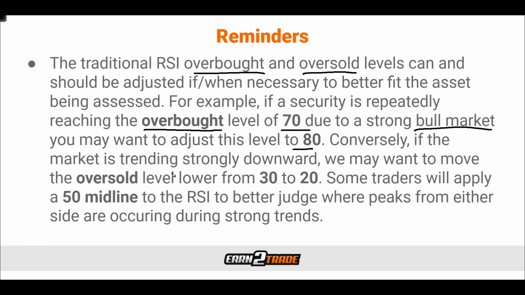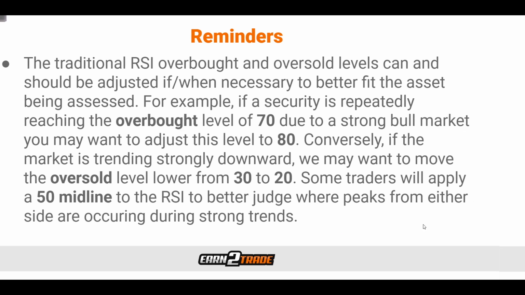Conversely, if the market is trending strongly downward, we may want to move the oversold level to a lower setting of 20 from 30. Some traders will apply a 50 midline to the RSI to better judge where peaks from either side are occurring during strong trends. It's also worth mentioning that a lot of platforms will already automatically have a 50 midline applied.